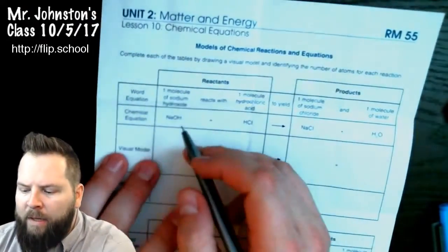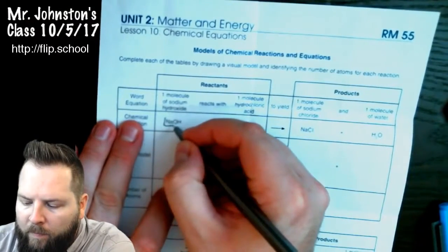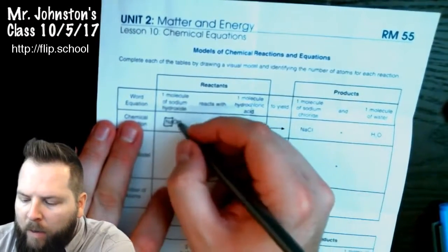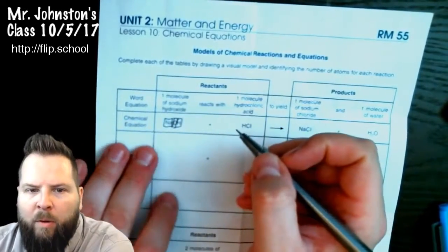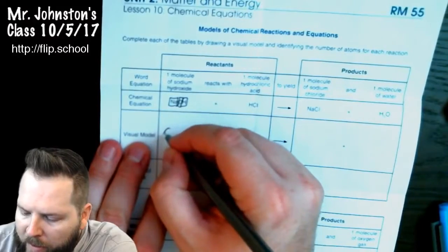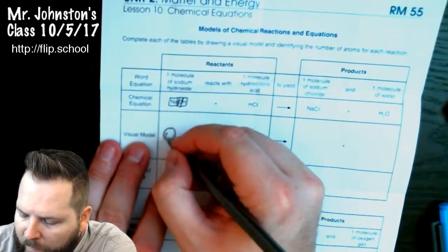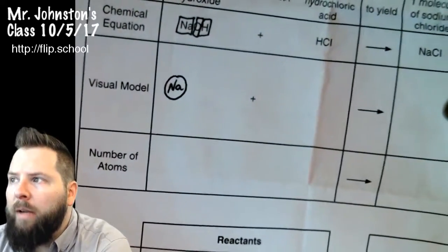Okay, so what we're wanting is the visual model. So if we have NaOH, then we know we have an Na, we have an O, and we have an H. And remember about the capitalization when it comes to those things. So if I were to do a visual model, maybe the first thing I'll do is an Na. Okay, that's one thing, Na. Because it is a molecule, I have to draw the other thing.